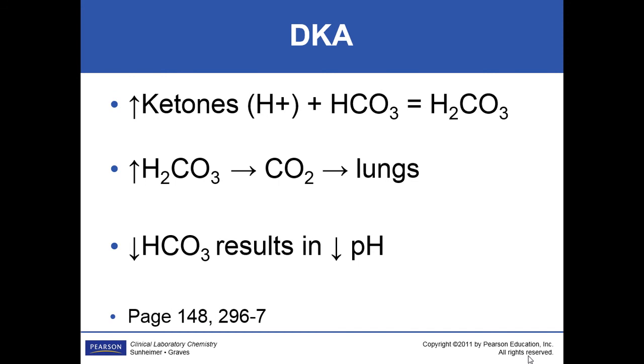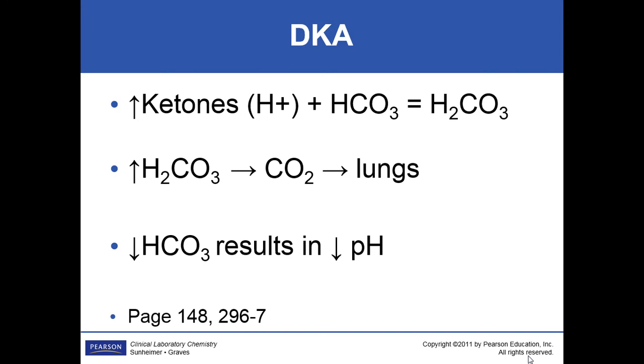Okay, the fatty acids break down, and in that process, they have excess hydrogen ions floating around, and they're tied to different ketones, which we haven't talked about, but we will in urines. There's different ketones, but they are acids. So we've got these extra hydrogen ions floating around because of that, and they're going to grab onto the bicarbs and form carbonic acid.